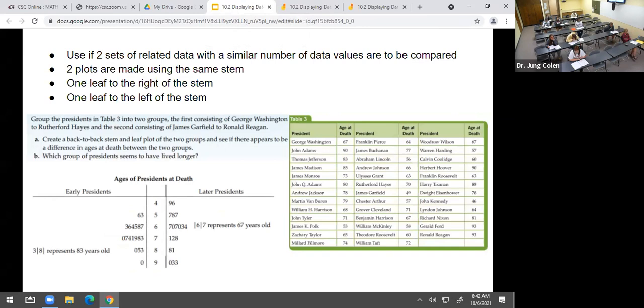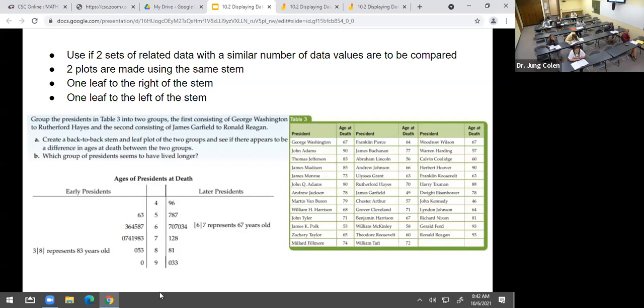How about this 4 here? There we go, one of the later presidents died at 64, right? So it doesn't tell us who died at 64, who died at 73. So we lose some information there. However, all the numbers are represented here, right?